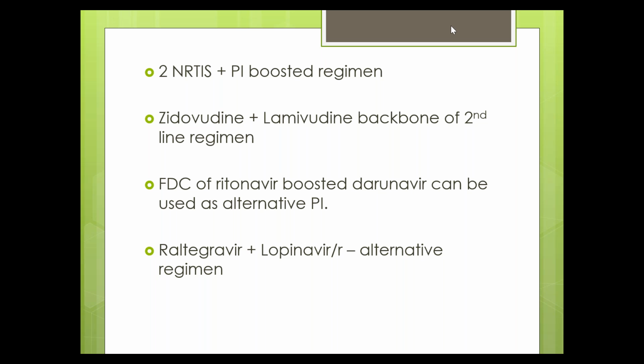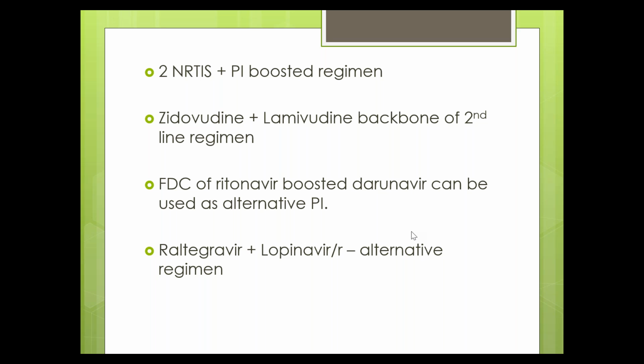And what are the regimens here? Second line regimens: 2 NRTIs, 1 protease inhibitor, as I have said, and zidovudine, lamivudine will be the backbone of all the second line regimens. And there will always be a fixed dose combination of ritonavir tablet, along with darunavir, which can be used as an alternative PI.